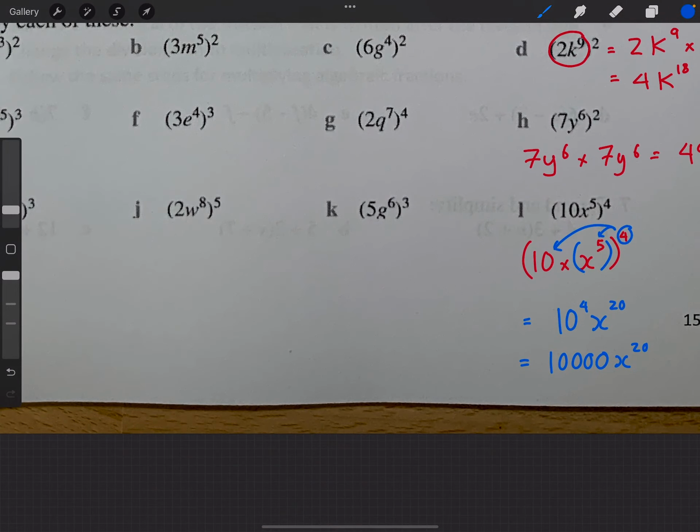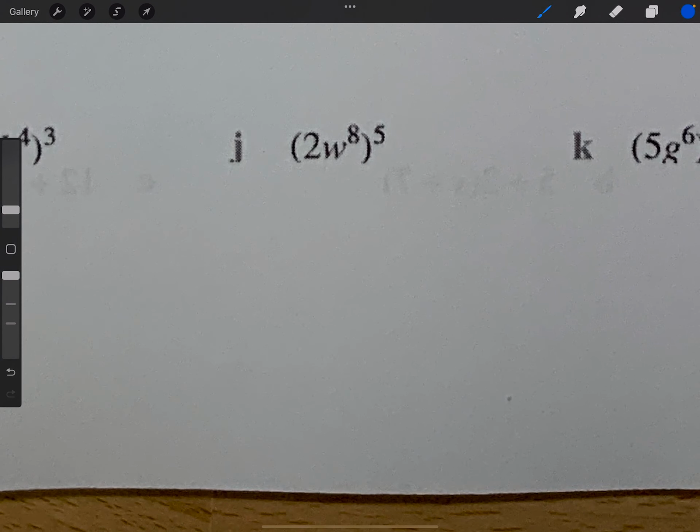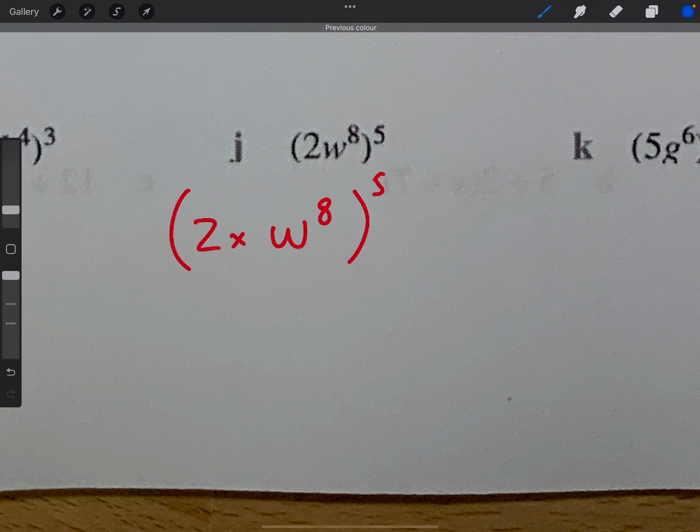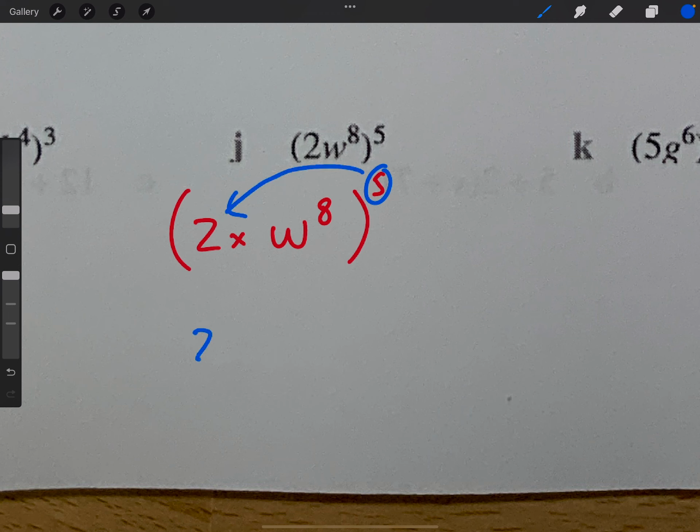Maybe I'll do one more. Maybe I'll try this one here. Question J. So 2 times w to the 8, all to the 5. When we power this to the 5, you're going to power everything to the 5. You're going to power 2 to the 5, and you're going to power w to the 8 to the 5 as well.